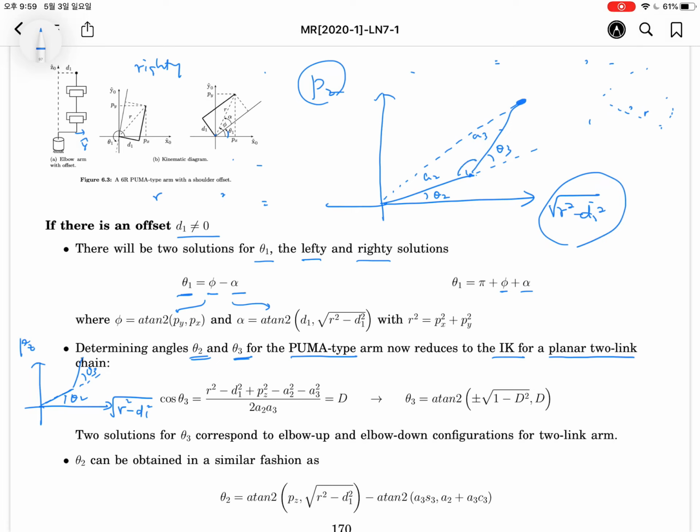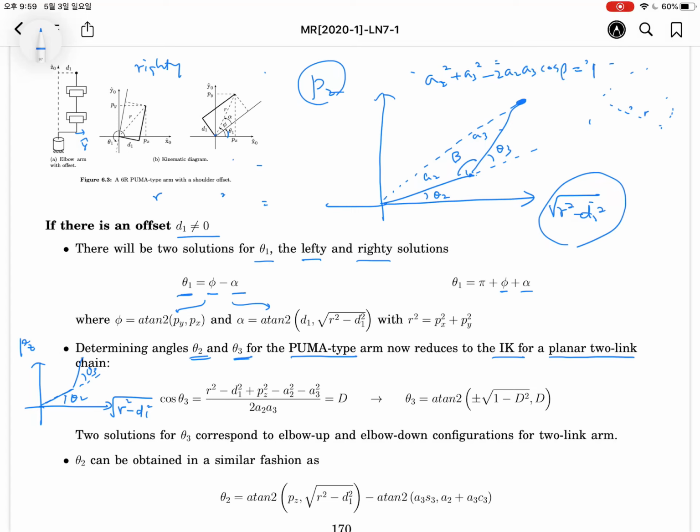As explained in the previous slide, the beta angle can be calculated very easily. A2 square plus a3 square minus 2 times a2 a3 cosine beta will be equal to pz square plus r square minus d1 square. R square implies the px square plus py square.